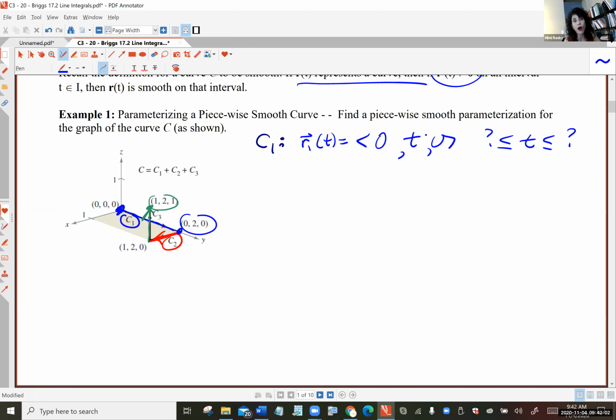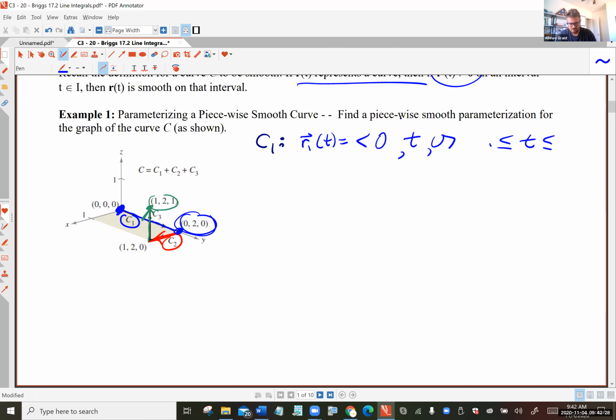How about we let y be the parameter t, and that'll work. Then we just have to decide the starting and stopping points for time. What's going to make this line segment work, where we start at (0, 0, 0) but end at (0, 2, 0)? Somebody tell me what my range of time will be. 0 to 2. T equals 0 to 2.